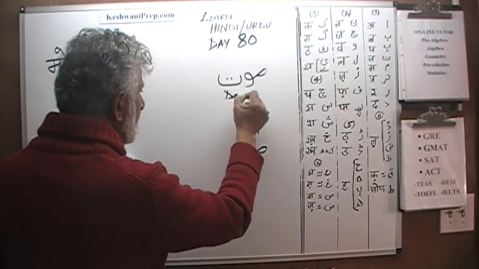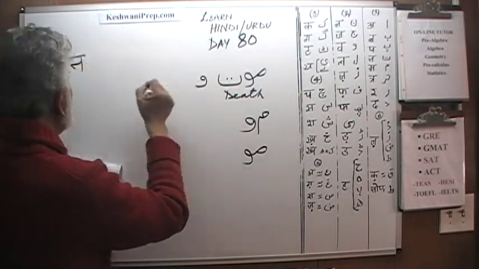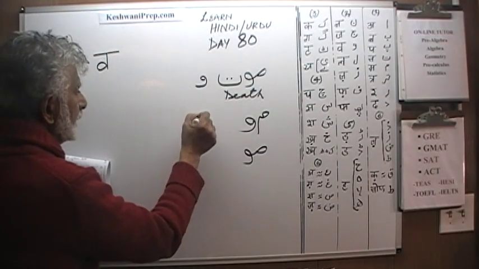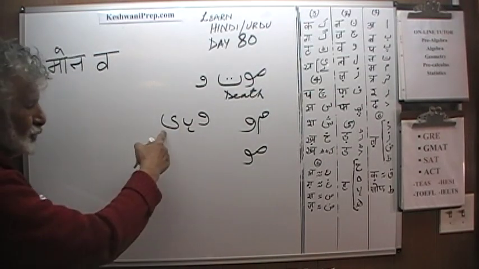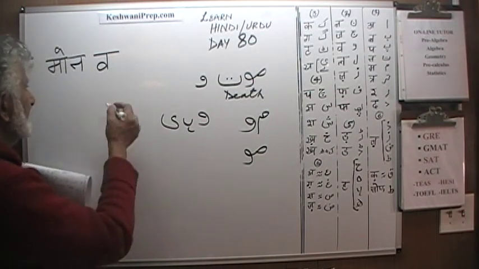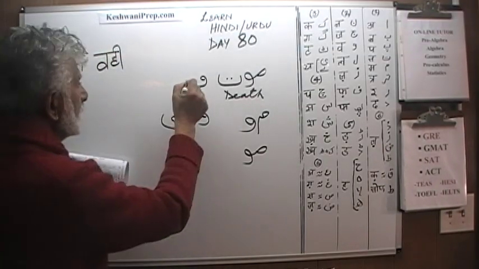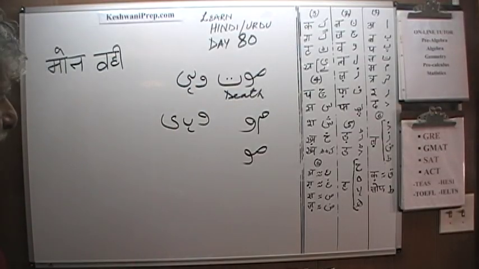Maut means death. Maut, wahi, wa. And then we need a he. Wa, and then he. He, and a badi. Choti hai is going to give us badi ki matra. Wa, he. Looks like this. Wahi. Maut, wahi.